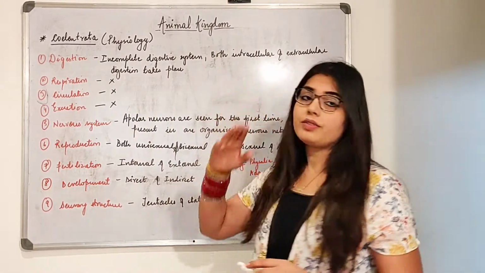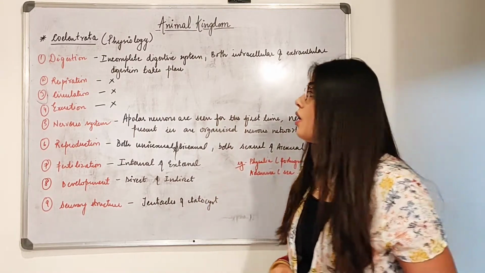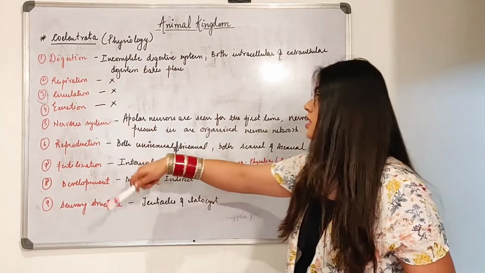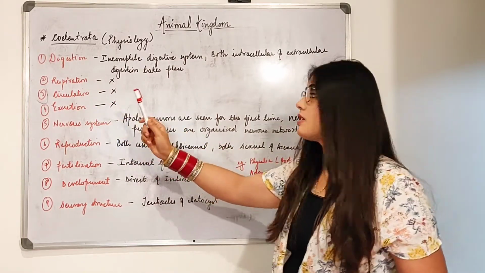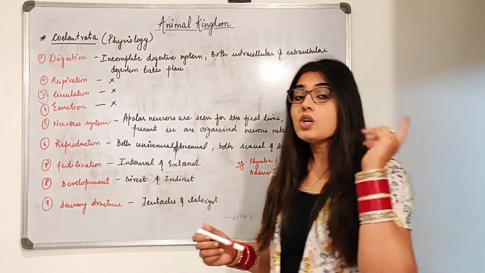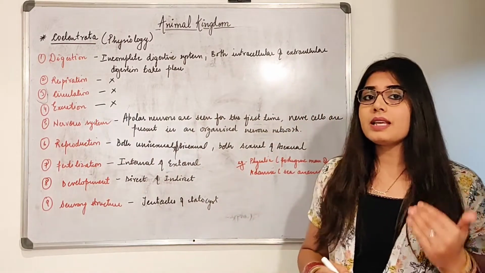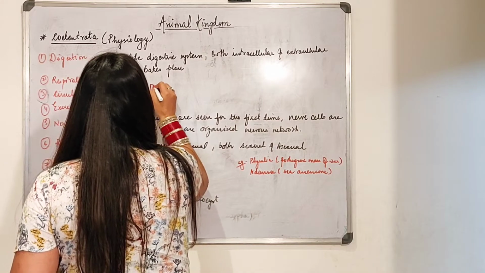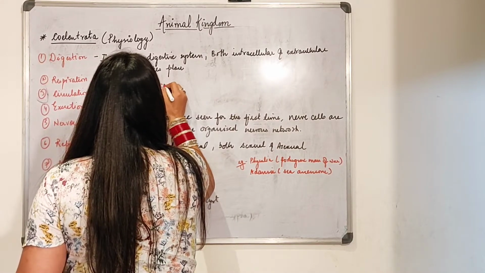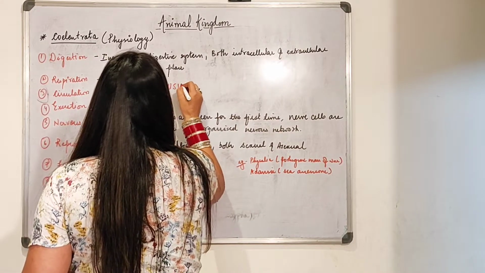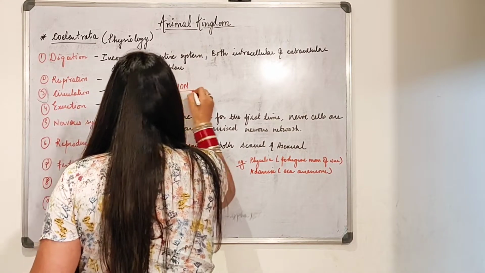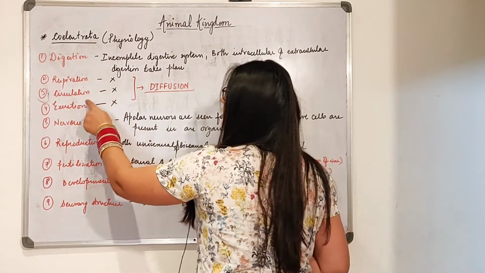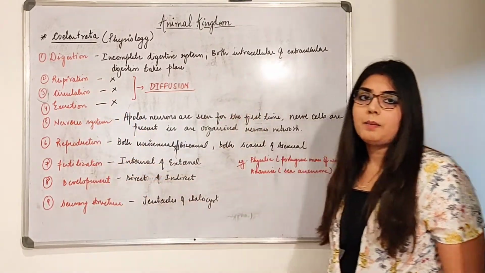That means both can take place inside their bodies. Then the respiratory system is absent, the circulatory system is absent, and the excretory system is again absent. So how do these three processes take place, beta? They take place with the help of diffusion.